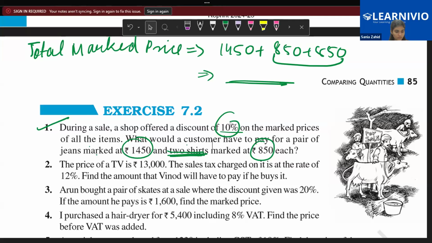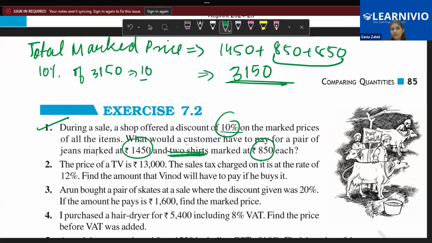Done. Completed? So what is the answer, children? Tell me what is the total marked price? 3150. Everyone is getting 3150. So children, 10% of 3150 is how much?